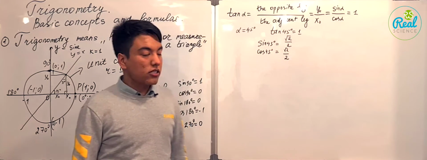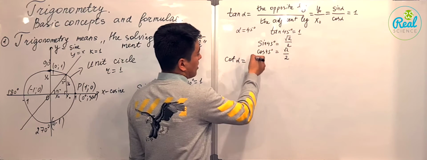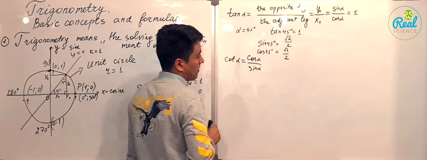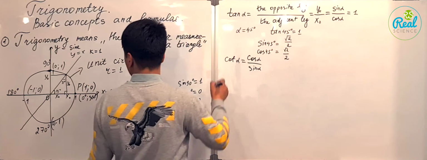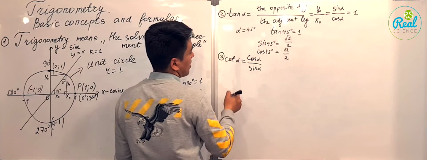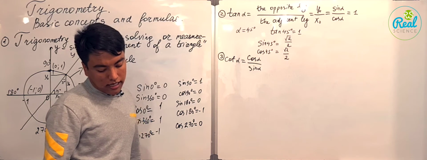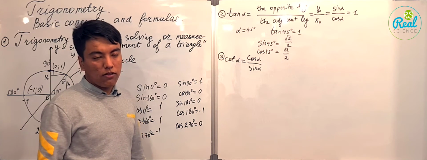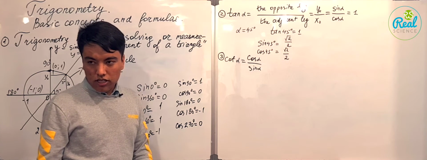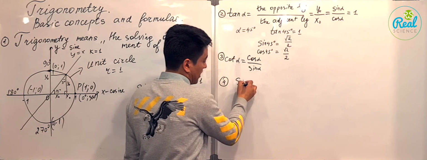Now cotangent: cot alpha is cosine alpha over sine alpha. It was the second one, and this is the third one. Now I have to provide you with the signs of sine, cosine, tangent, and cotangent.